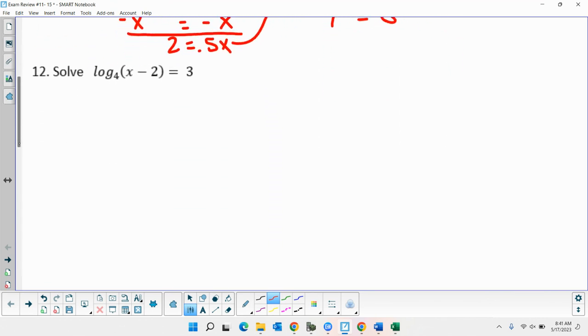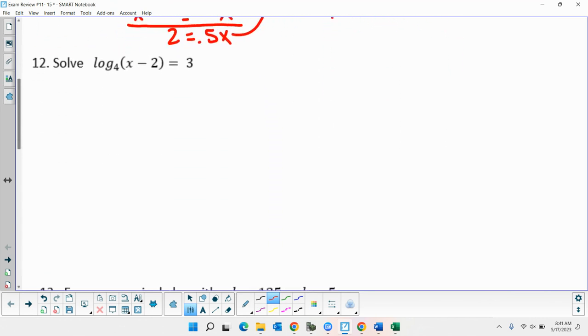So on your little note card, we started out with log base b of x. Or no, how do we do that? I think it was log base b of a equals x.